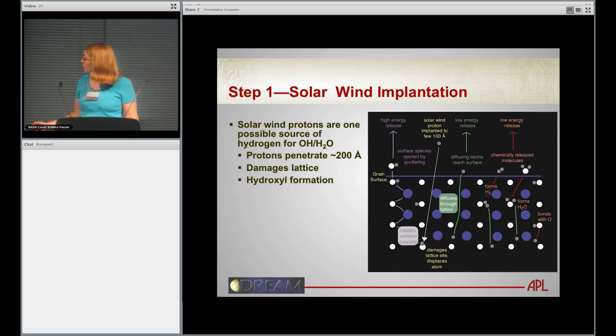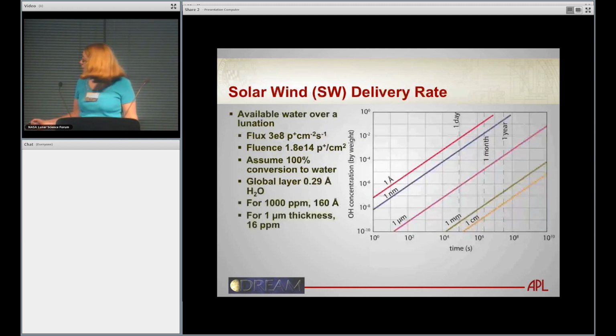And the protons that are implanted grab an electron and get neutralized. And they can bond with oxygen at lattice sites or damaged sites, and they can move from damaged site to damaged site on out of the grain and get released from the surface.